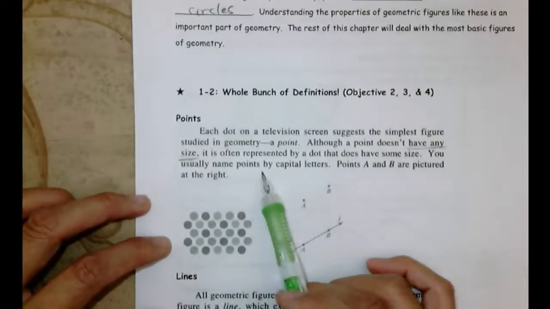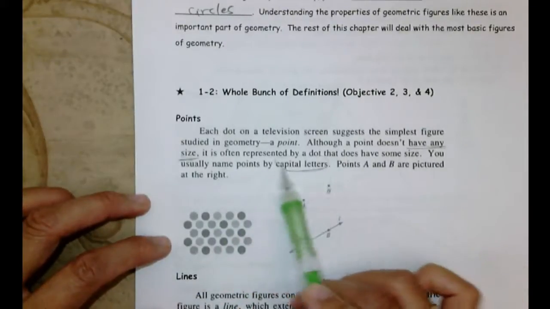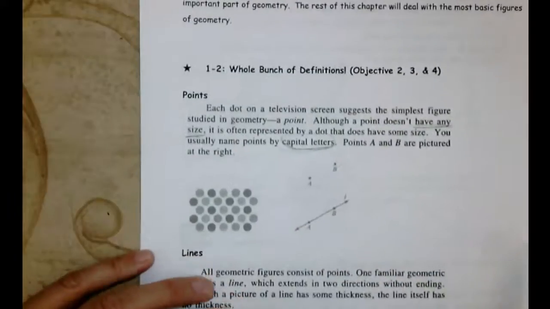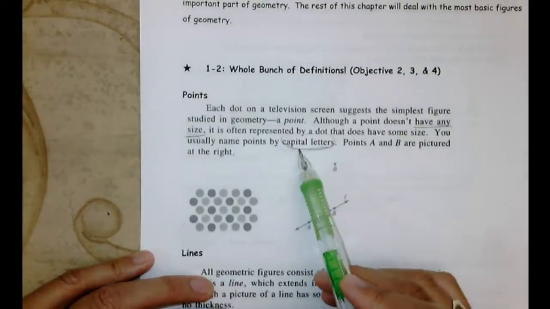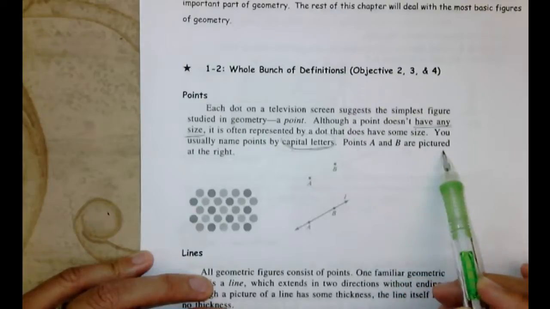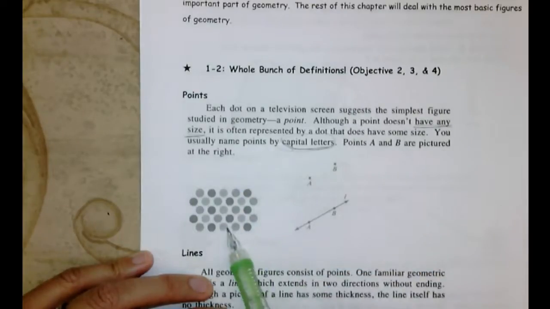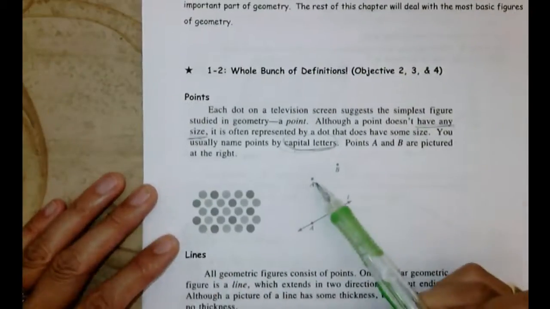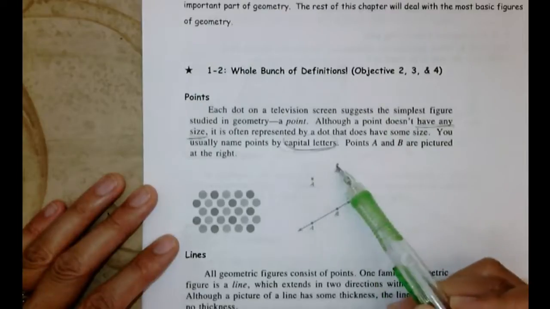You usually name a point by a capital letter. Do not use small letters, because you're going to get confused. Small letters are reserved for other things like lines. Points A and B are pictured at the right. Like the color dots in a TV, these are points. Remember, there's no size.